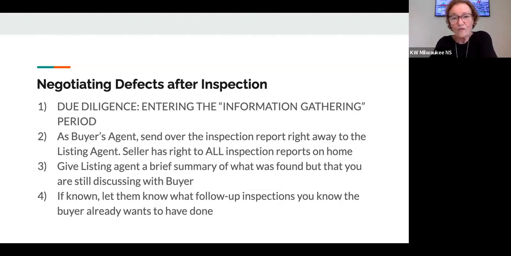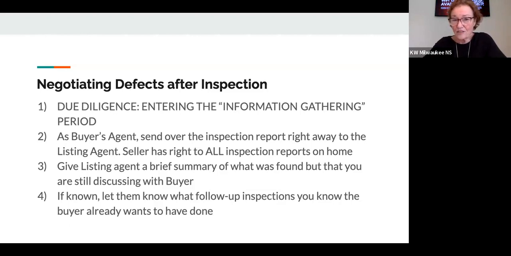All of these things will factor into if it's a property they can live in based on the inspection report. So you're entering the information gathering period. It's when you have the due diligence to understand this and to communicate this to your client.